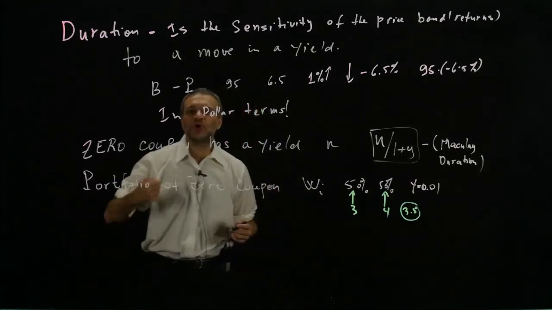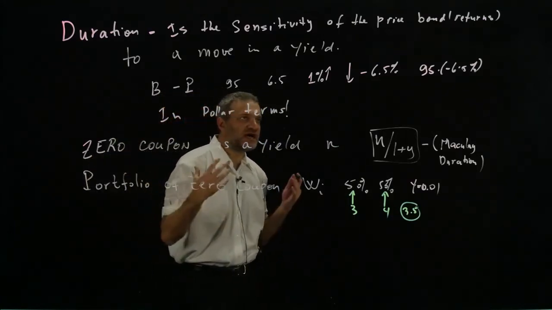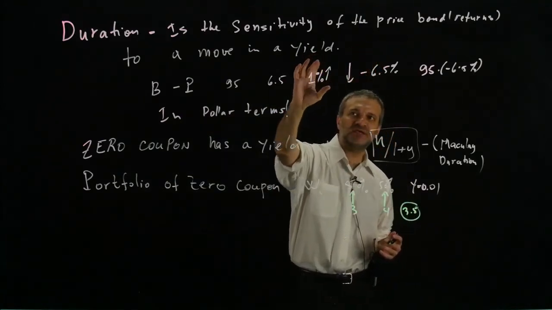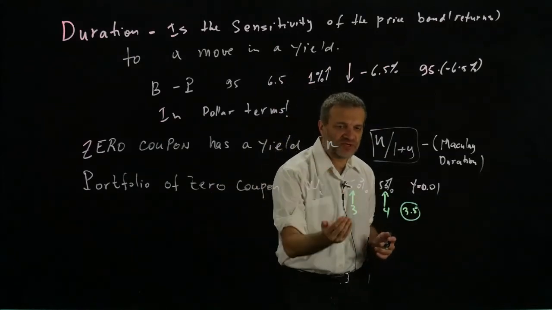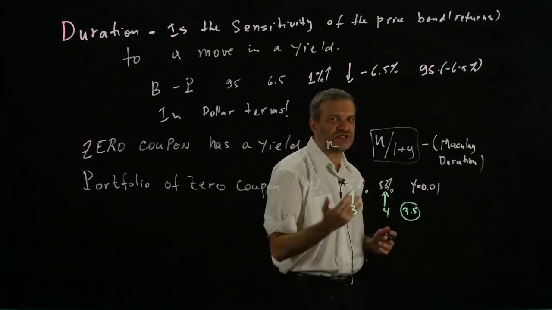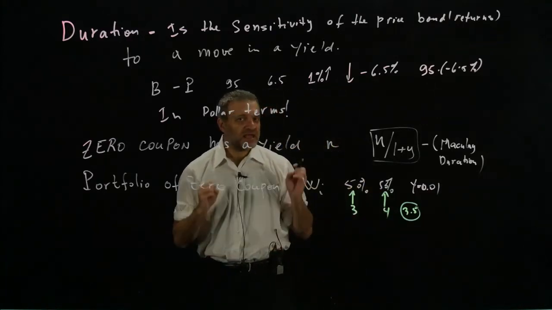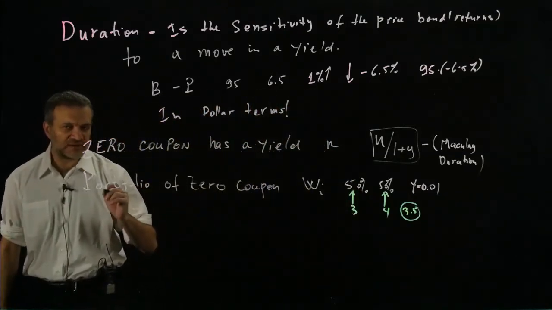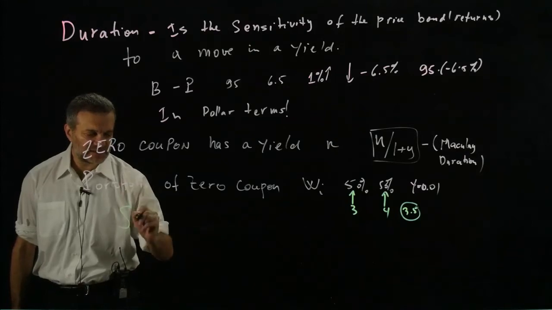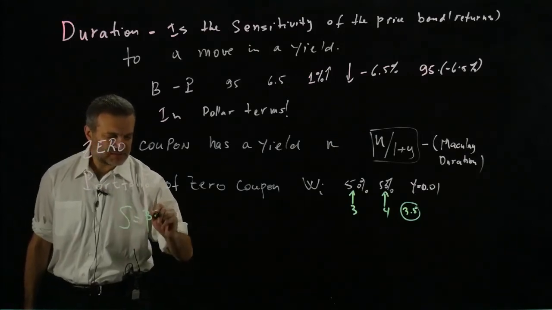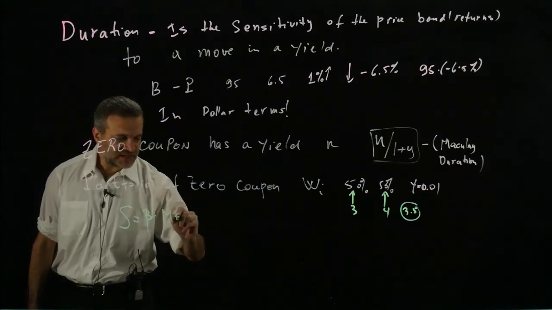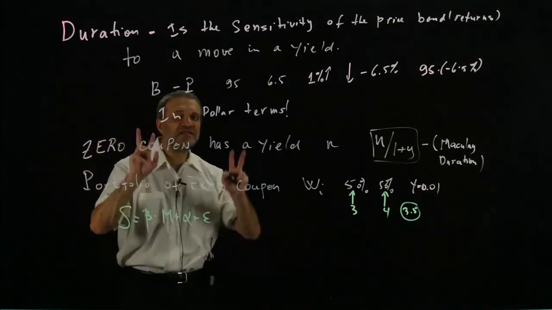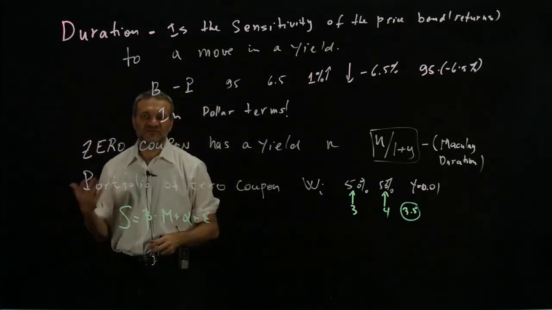So one more way to think about duration, if you are not very comfortable thinking about it as sensitivity to the yield movement, is to think about it as the average maturity of the portfolio. And the last way to think about this, which some of you may prefer if you utilize the CAPM: you have the stock return equals beta times the market return plus alpha plus some error epsilon, where epsilon is the idiosyncratic risk of the stock.